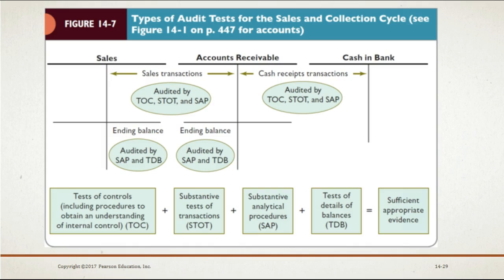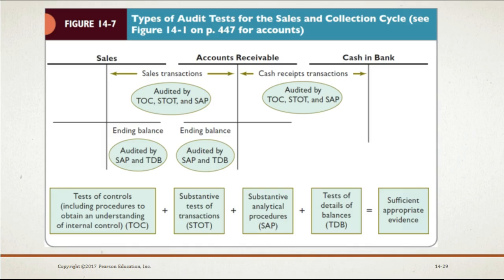Here, we have an illustration of the major accounts in the sales and collection cycle and the types of audit tests used to audit these accounts. We covered this in the previous discussions. Figure 14-7 provides a summary of the audit methodology applied to the sales and collection cycle. The cycle is audited using the tests of controls, substantive tests of transactions, and substantive analytical procedures.